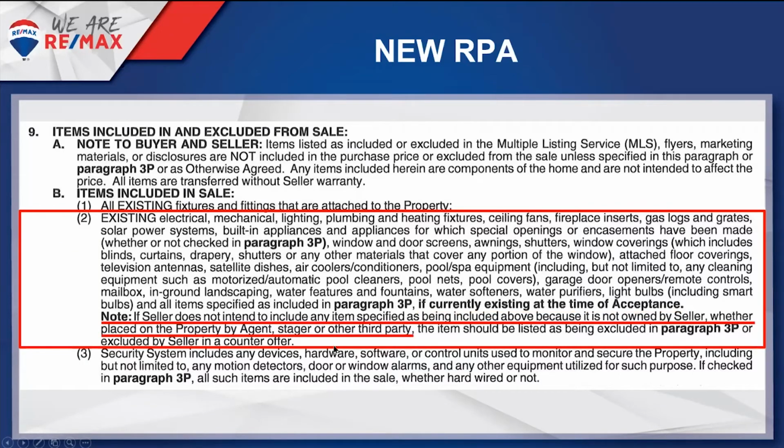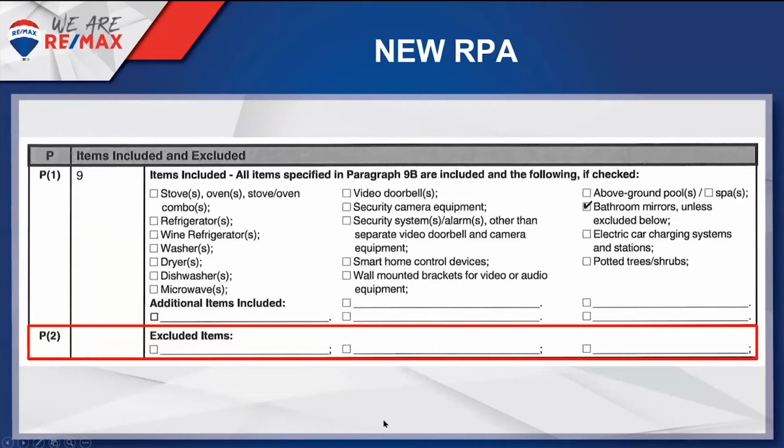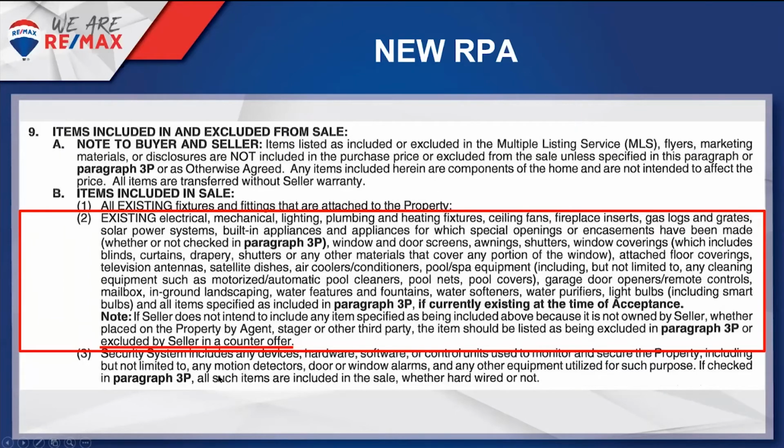All right. If the seller does not intend to include an item as being included because it is not owned by the seller, this is important, whether placed in the property by an agent, a stager, or any other party, that item should be listed as being excluded in 3P, excluded items, or excluded by the seller in a counteroffer.